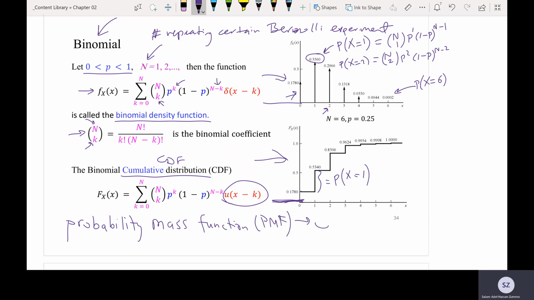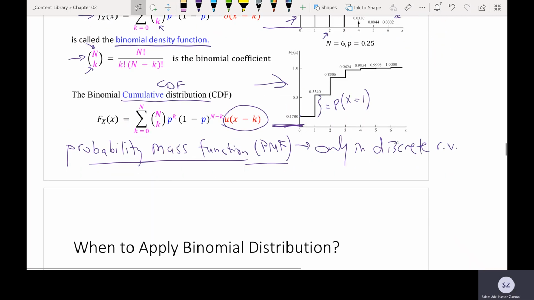Only in discrete random variables, because it looks like a mass divided over three points. Sometimes they call it probability mass function, or probability density function, but you need to understand that it carries two names, PMF and PDF. However, PMF only applies to discrete. You cannot say PMF for continuous. So, any question about the description?